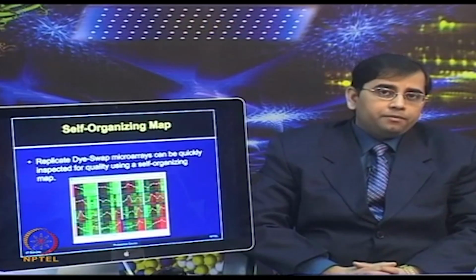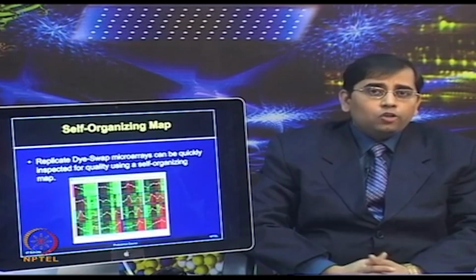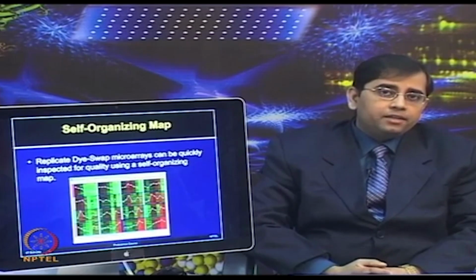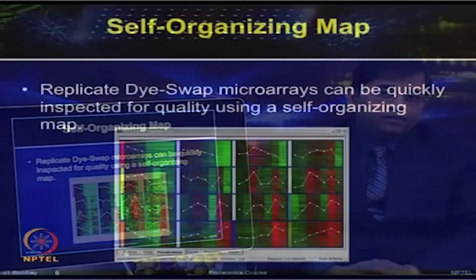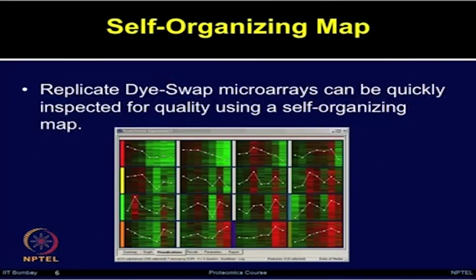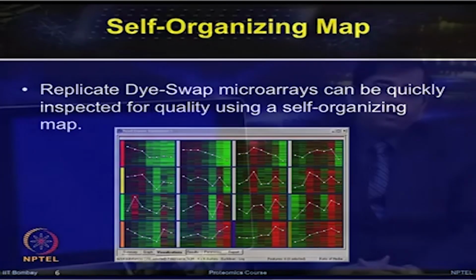Self-organizing maps. In microarray experiments, it is important that you perform dye swap experiments to avoid any effects of Cy3 or Cy5 labeling, so that there is no bias of labeling in the control and treatment groups. The replicate dye swap microarrays can be quickly inspected for quality by using self-organizing maps, such as the one shown here in this slide.